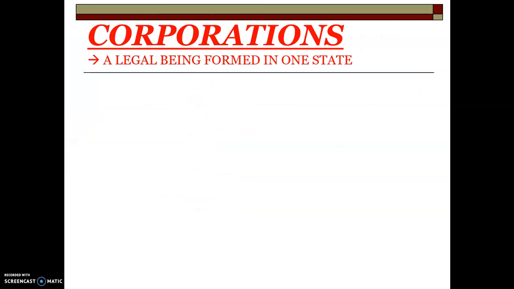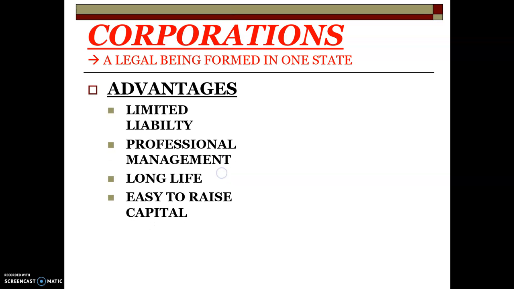Corporations, these are the big ones. This is a legal being formed in one state. They've got charters, articles of incorporation, stuff like that. Advantages to a corporation, they have limited liability. You have a professional management, and they last a long time.